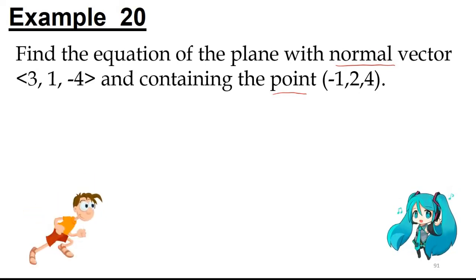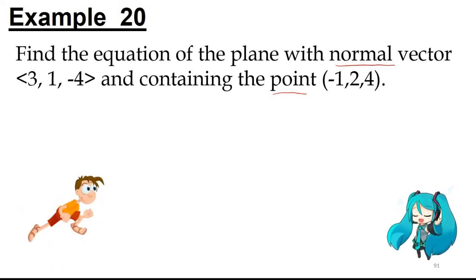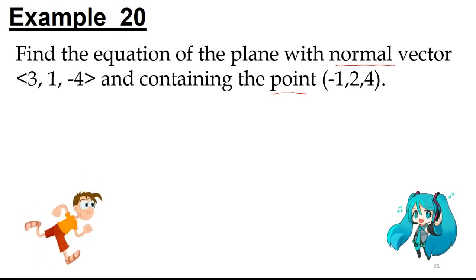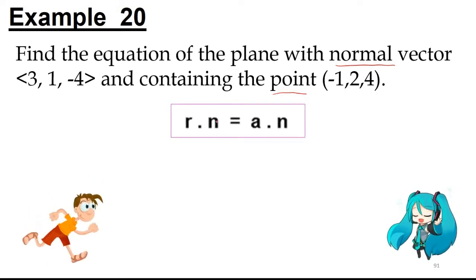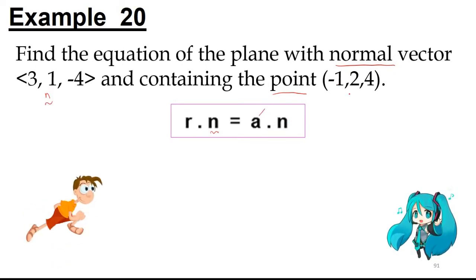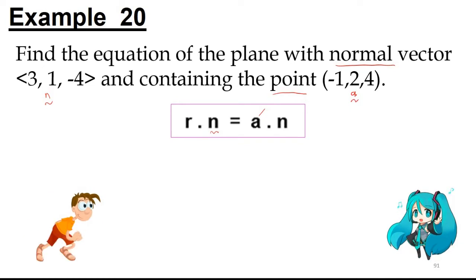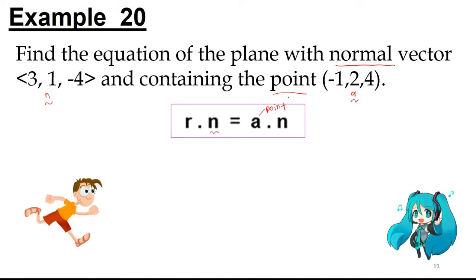We just use the vector equation of plane, which is R dot n equal to A dot n. From this one, we can know that n here is 3, 1, negative 4. And A here is negative 1, 2, and 4, the point for that plane.